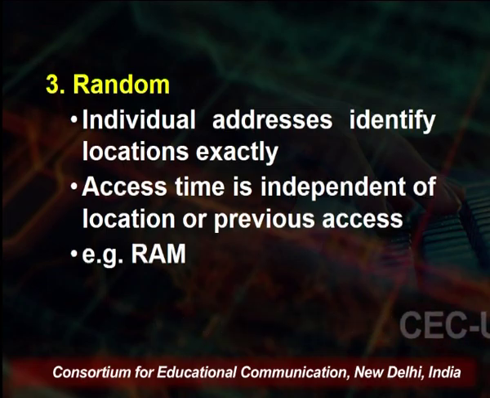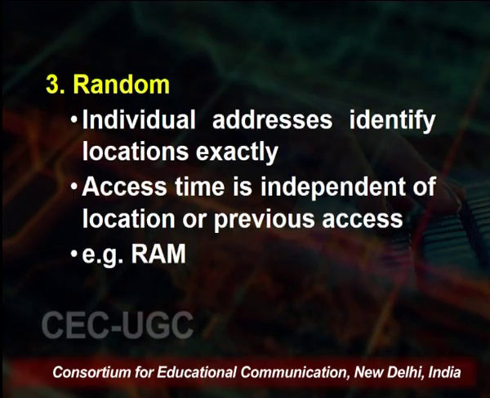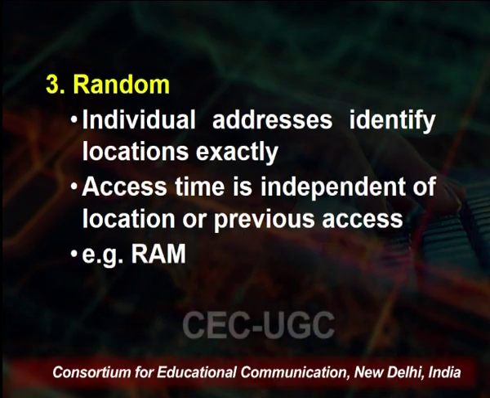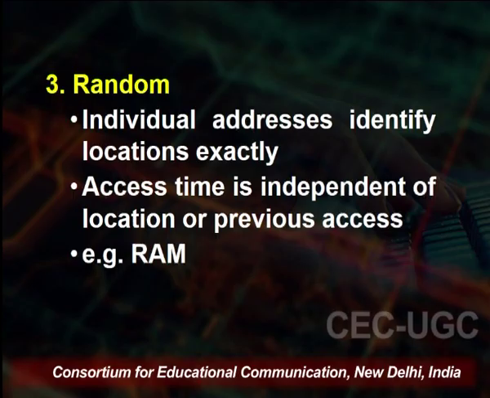We individually address and identify the exact location, and that is where access time is independent of the location or the previous access. Wherever the read-write head could be, it will directly jump to the location we are looking for. So there is literally no access time lost in reaching that location.